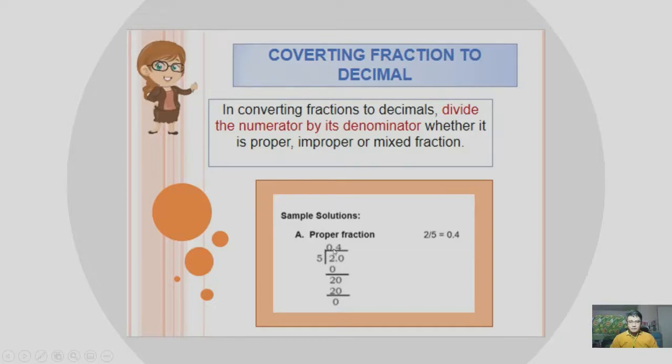Place a decimal point at the top and a 0. 0 times 5 is 0. 20 minus 0 is 20. 20 divided by 5 is 4. 4 times 5 is 20. 20 minus 20 is 0. The answer is 0.4.